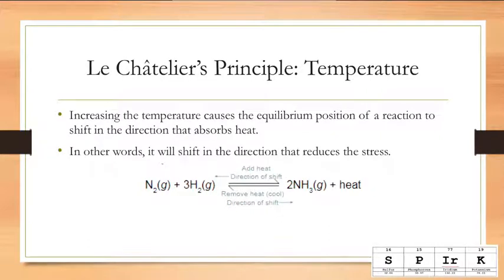If we add more heat, it's going to alleviate that stress by moving towards the reactants. If we remove heat or cool the reaction, it's going to move towards the right. It's going to try to make up for that lost heat.